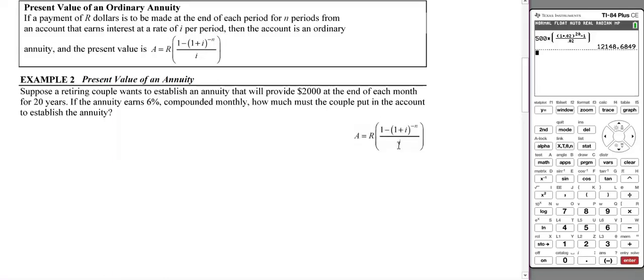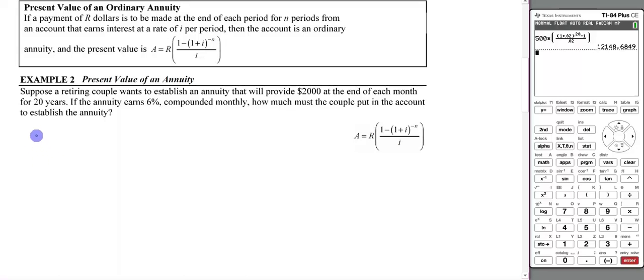Example 2, present value of an annuity. Suppose a retiring couple wants to establish an annuity that will provide $2,000 at the end of each month for 20 years. If the annuity earns 6% compounded monthly, how much must the couple put in the account to establish the annuity?